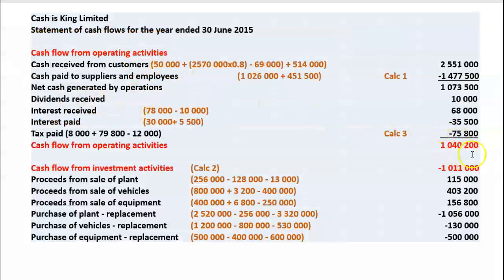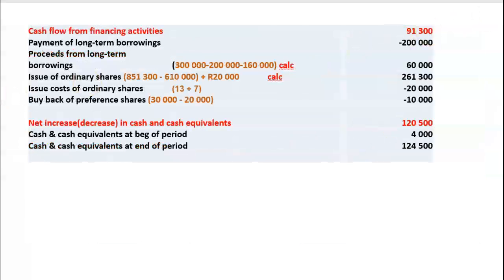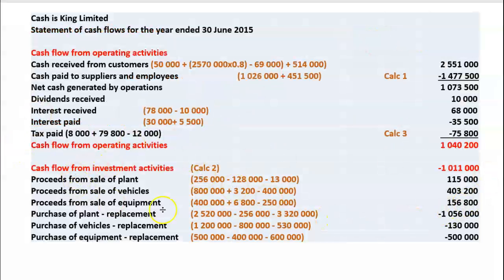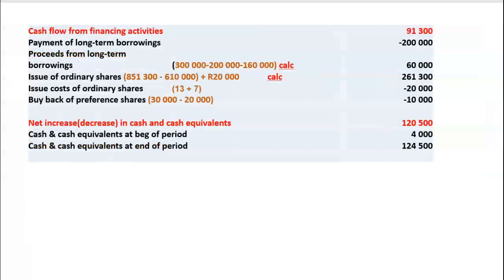Let's have a look at the story. We have generated surplus cash from operating activities of more than R1,000,000, but we've used pretty much most of that to put into investing activities. There was a little bit of money that we've generated out of financing activities, which also contributed to this investing activities, but it's only 90,000.